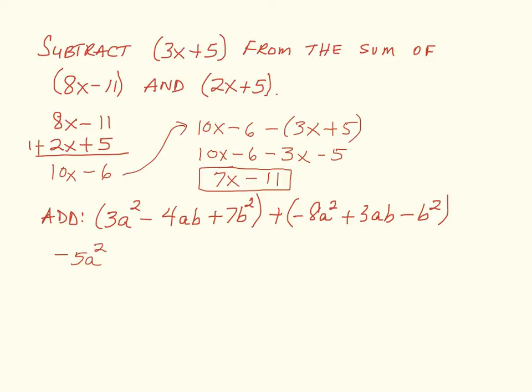Minus 4ab plus 3ab gives you minus ab. 7b squared minus b squared is plus 6b squared. Then we can't combine anything else, so there you have it. You've combined those two polynomials by addition.